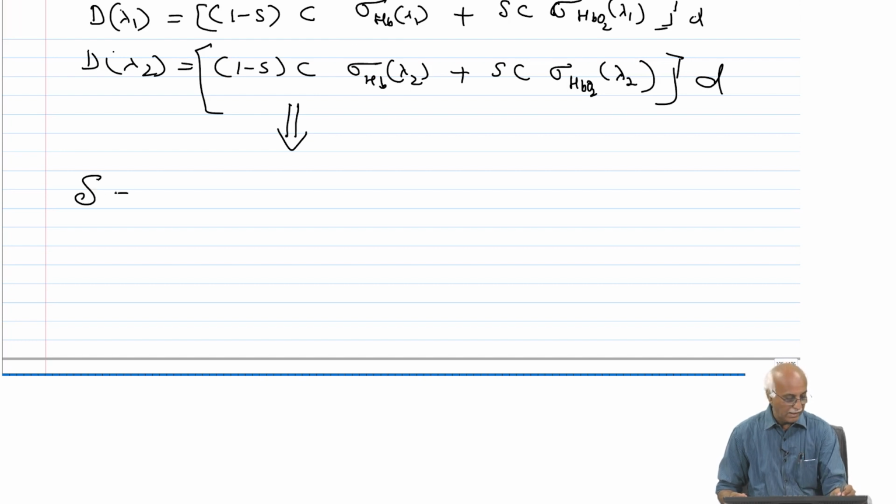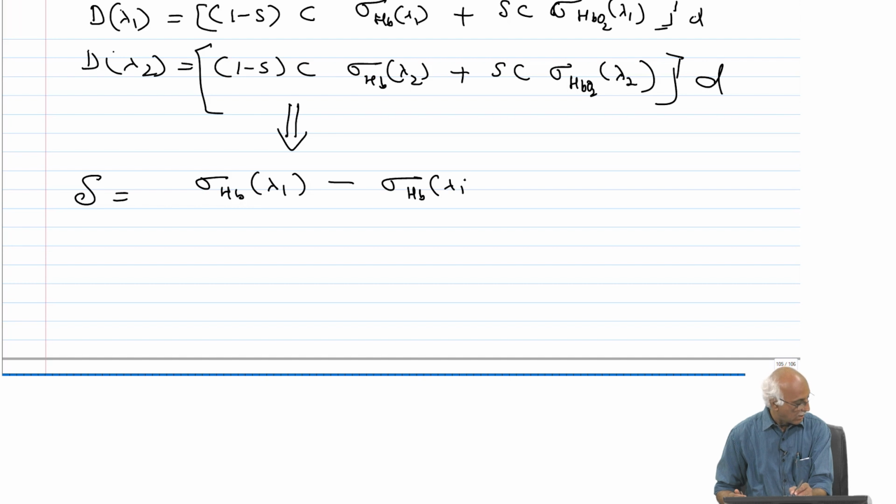We can derive it as sigma of hemoglobin at lambda 1 minus sigma of hemoglobin at lambda 2 times D12. What is D12?